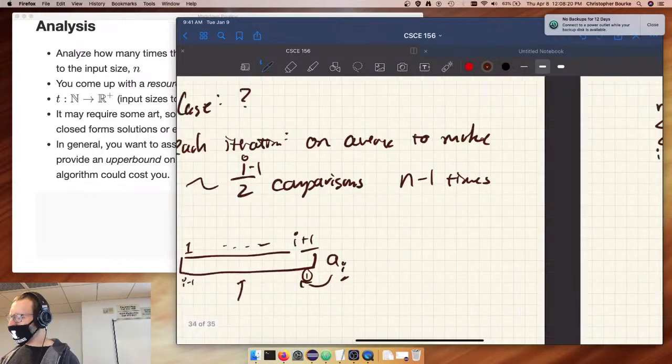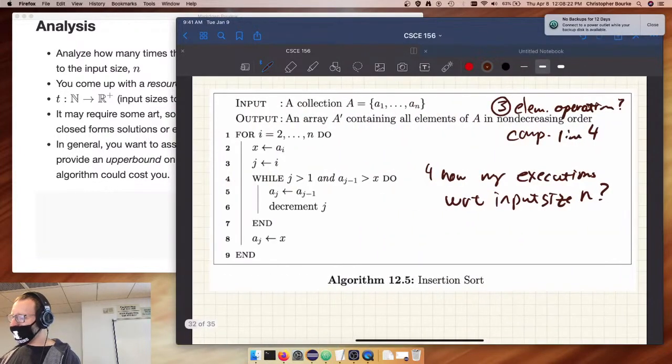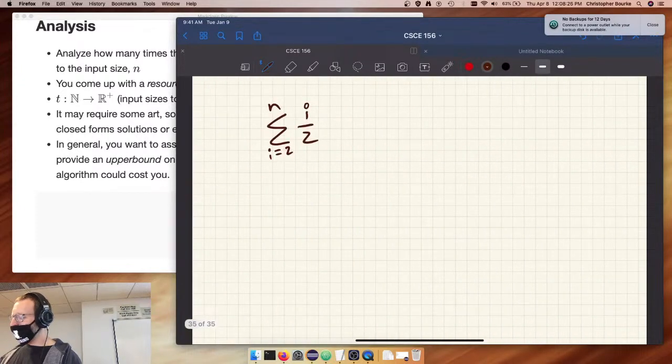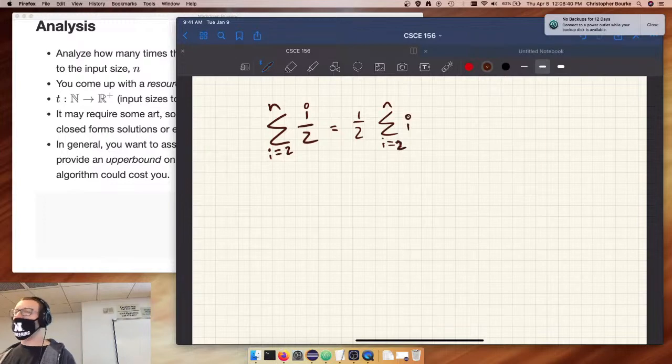Right? Remember, that's the outer for loop there? It goes from 2 up to n. So what is this? This 2 can simply come out front because it's a summation. 1/2, the sum from i equals 2 up to n of i.